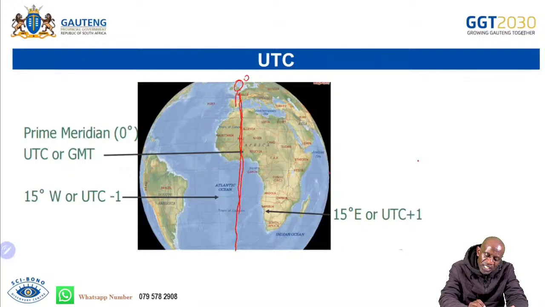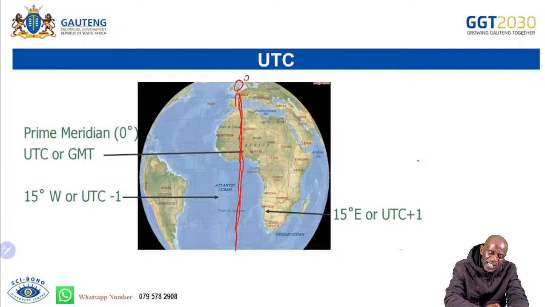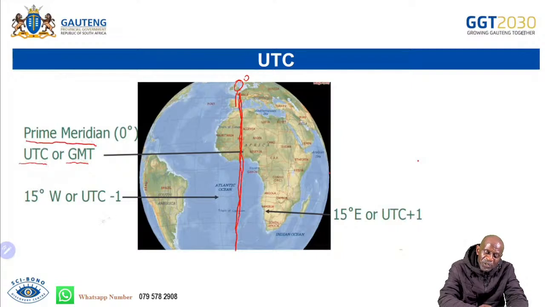Longitude, you would associate it with long. It stretches from north to south. Grade 12 learners, as you can hear, I'm emphasizing this critical line, the 0 degrees longitude. It is also known as the prime meridian, the universal time coordinate, and also referred to as Greenwich Mean Time.